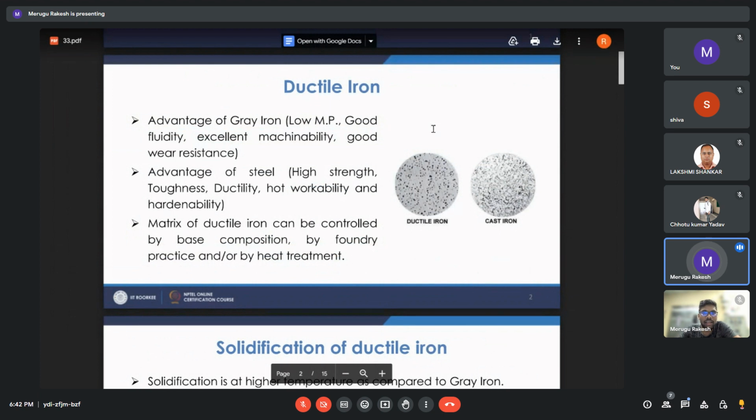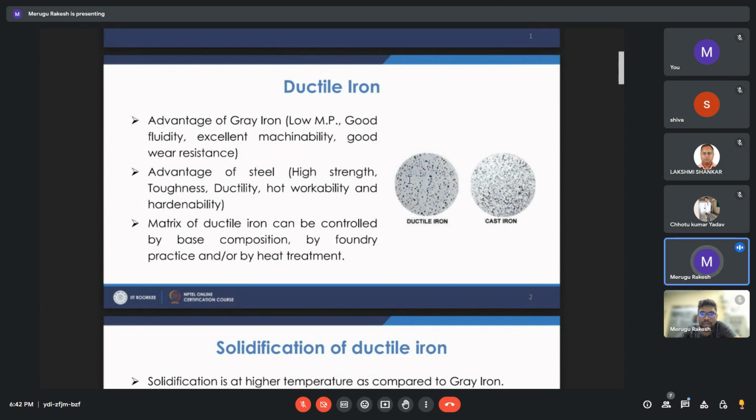That is why we use ductile iron, in which the graphite is present in the form of spheres. So we don't have that stress concentration.